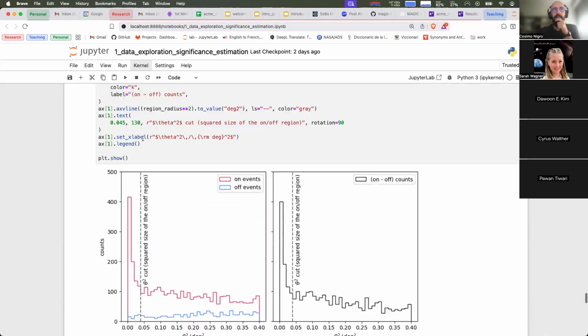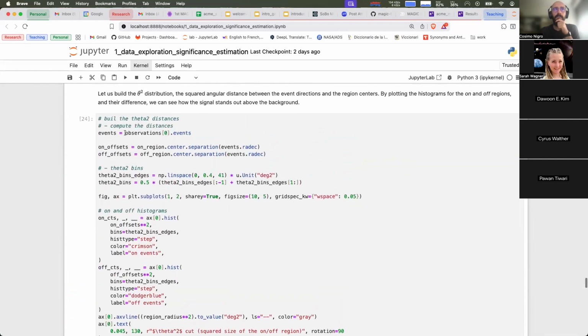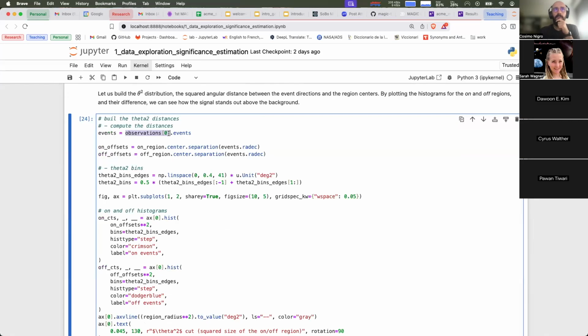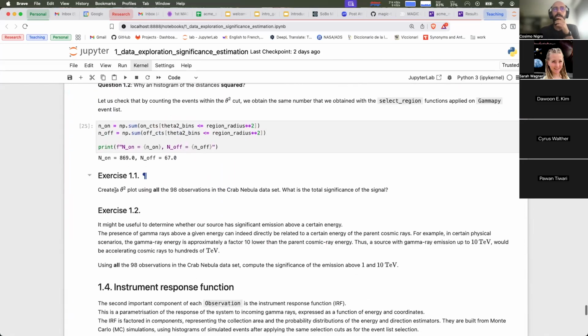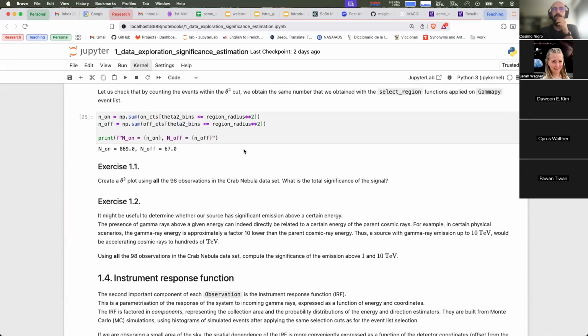We did the example just using the events in observation 0, the first observation in the list, but we have 98 of them. So take your time to try to do a histogram with all the observations. And feel free to ask any question.